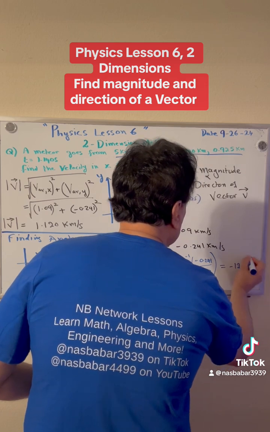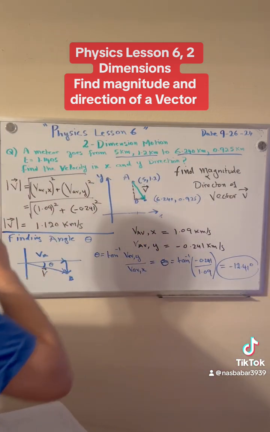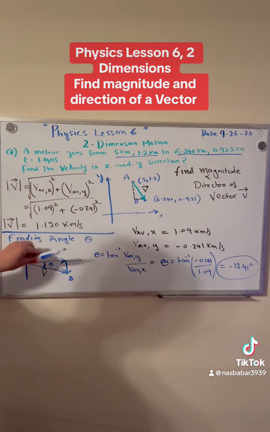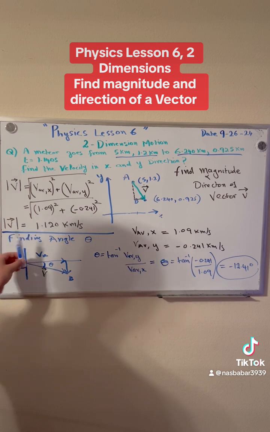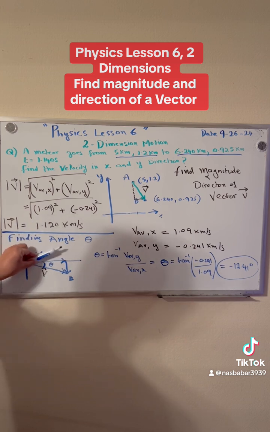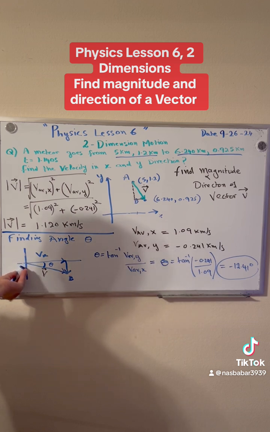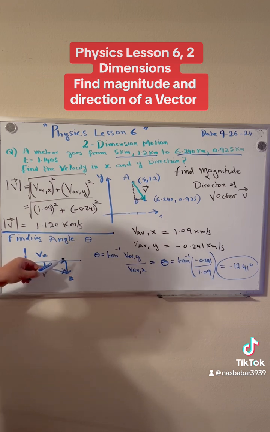Okay. Why is it negative? If you think about it, if this is the y-axis and this is the x-axis, when you measure an angle, you go this way. So positive angles are this way. Over here 90 degrees, over here 180 degrees, over here 270, and then the full circle is 360.